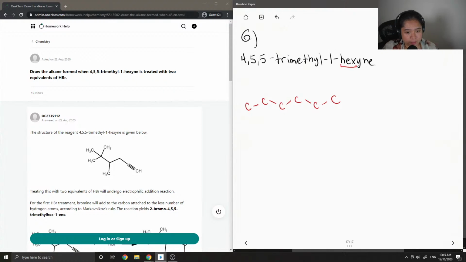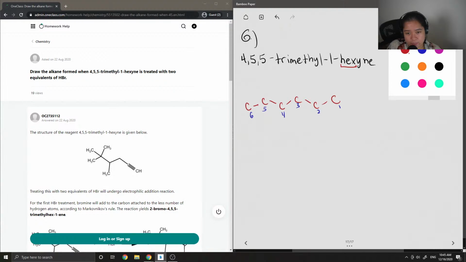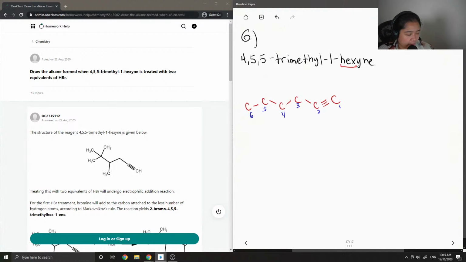And let's number them. Start from here: 1, 2, 3, 4, 5, 6. We can see that on carbon 1 is where our triple bond is, since it is 1-hexyne. Let's draw a triple bond on carbon 1.